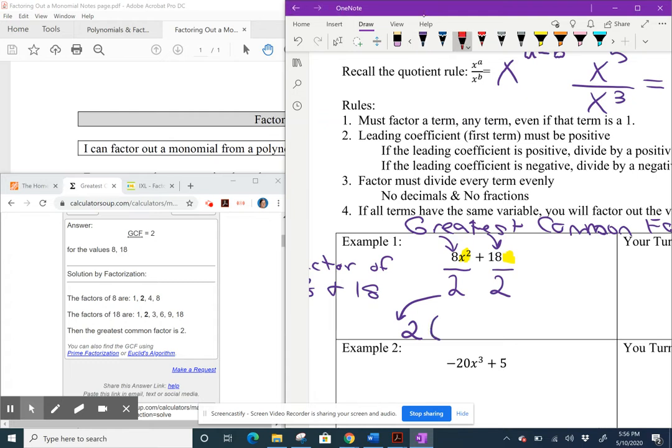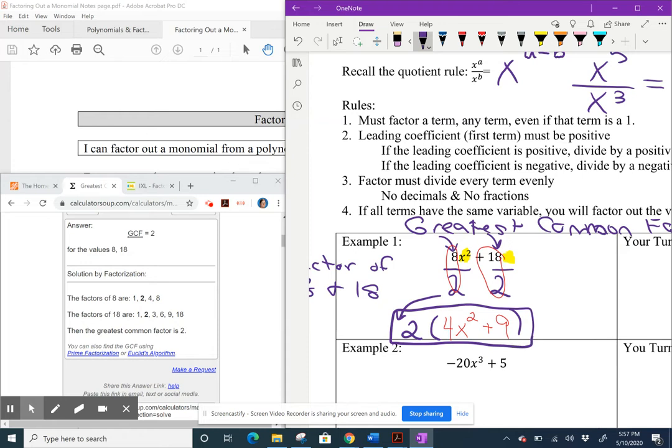Now you're actually going to divide. What is 8 divided by 2? It is 4. Notice x squared we're not doing anything with, so we drop it down. Now, what is a positive 18 divided by 2? You get a positive 9. So then this is going to be our answer.